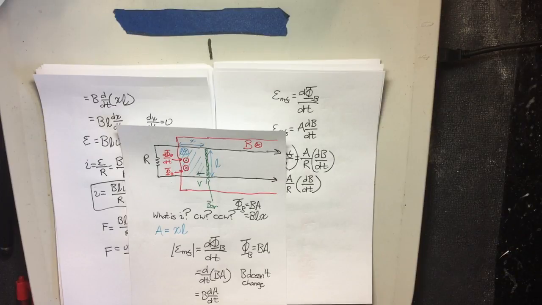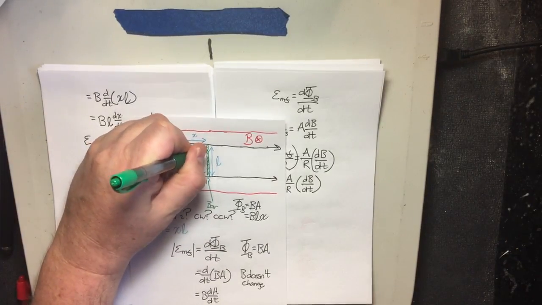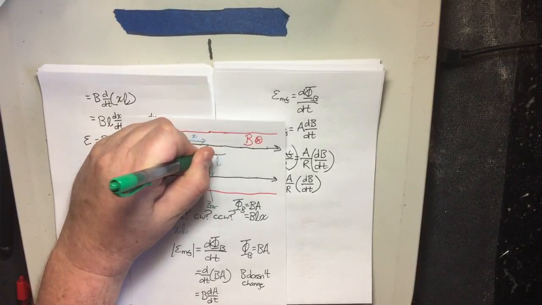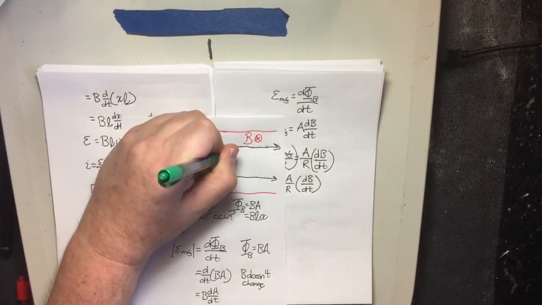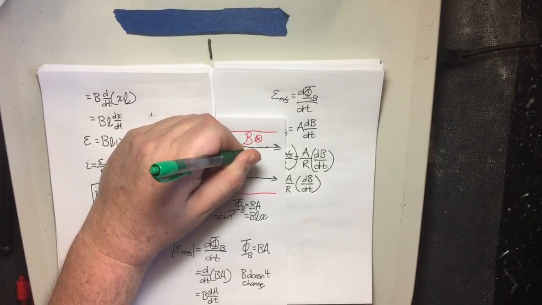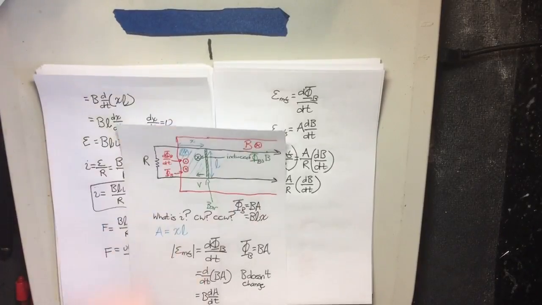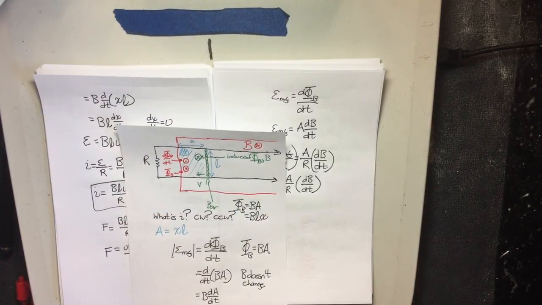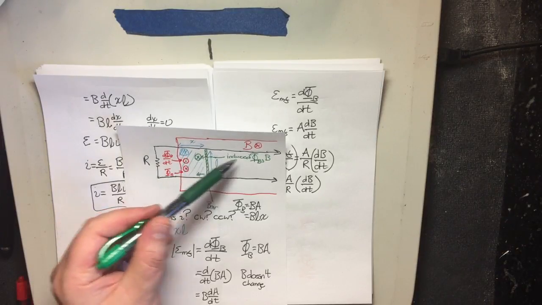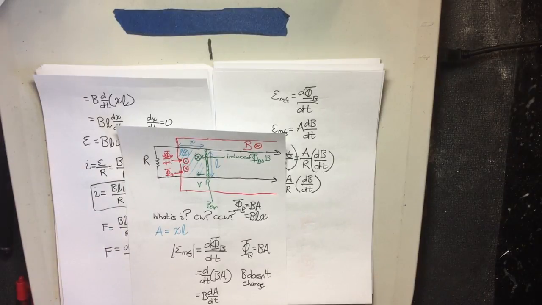The change is out of the page, so I must induce a change into the page. So the induced flux is into the page. Induced flux is always opposite of the external change in flux.